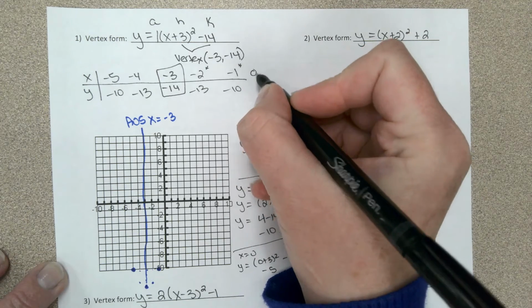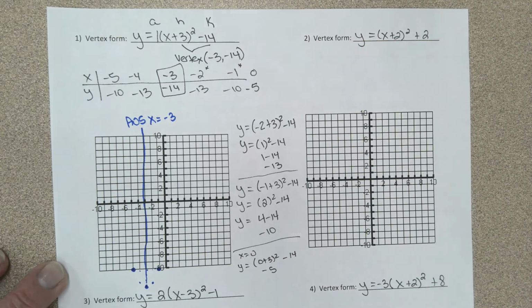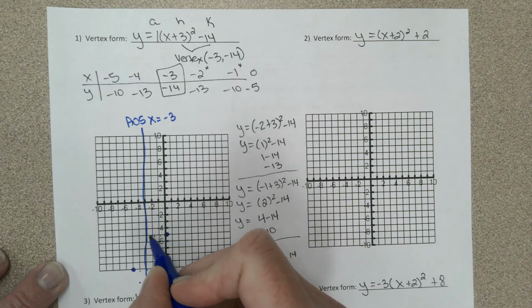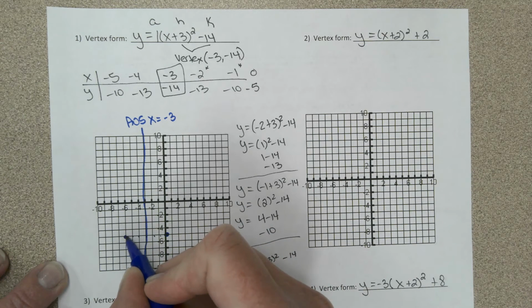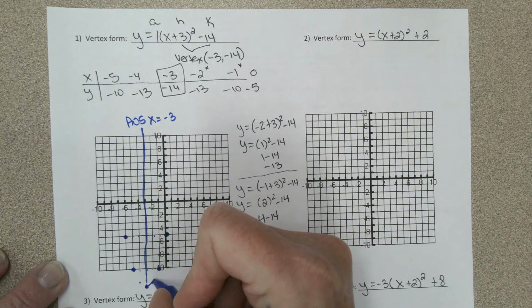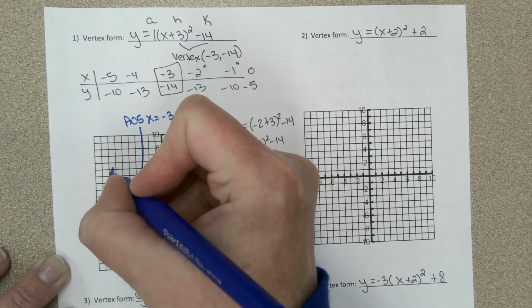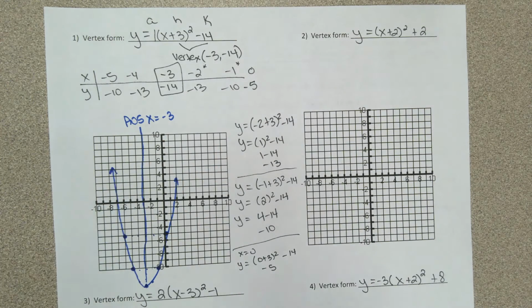So I know I have another point at 0, -5. We'll talk a little bit later about where the graph is going to cross the x-axis.